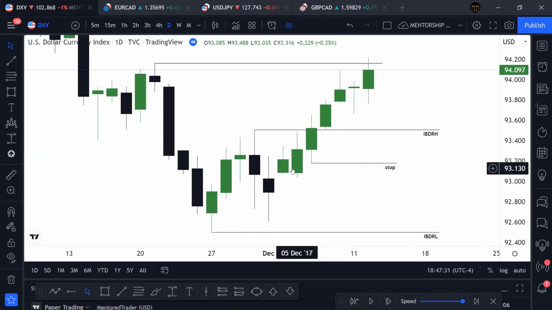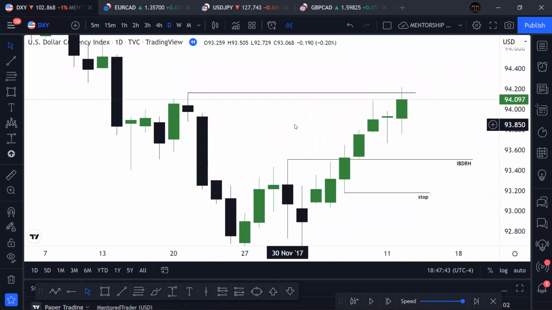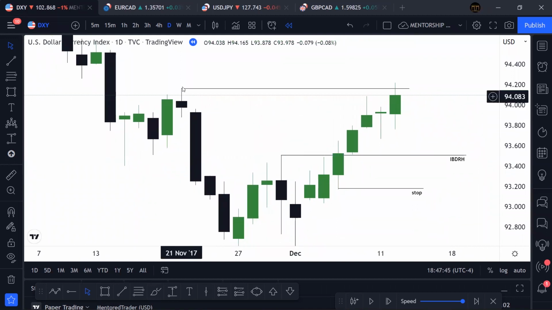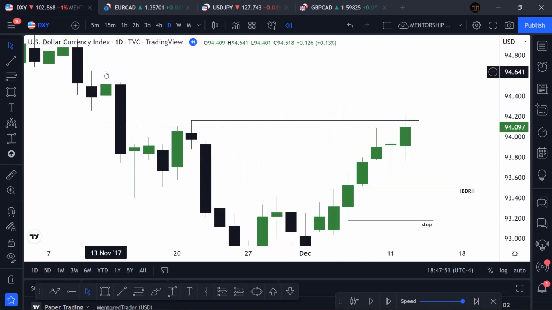So now here, what do I do? My take profit there. Now, you will ask me, but Mentor, if this swing low was also taken, I think my take profit should be here.